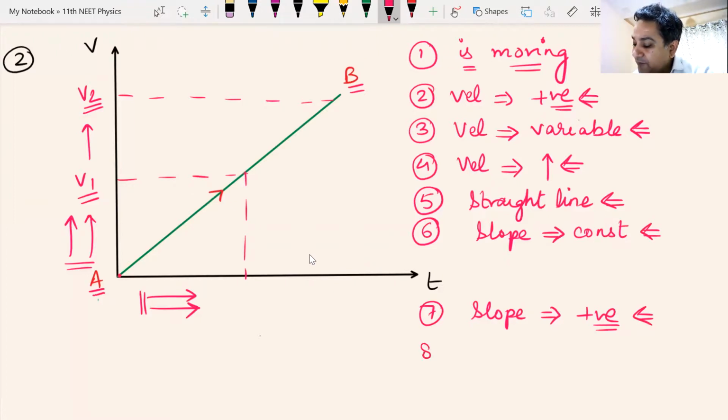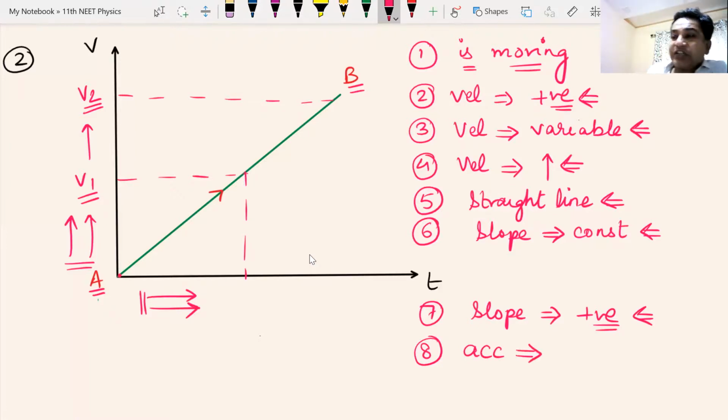Let us now convert everything into acceleration and we'll understand it from many points. What about the acceleration of this particle? Is it constant or is it variable?